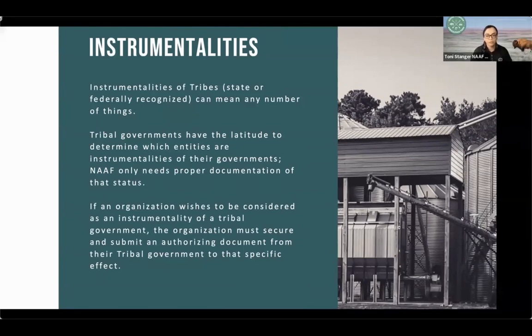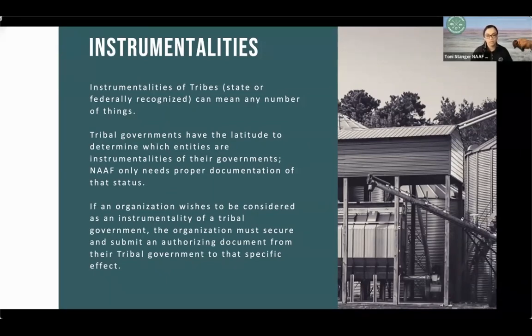If your tribal government only meets a few times a year, or if they only allow votes of that nature to come up at certain types of meetings, maybe a general session where it's open to the full tribe, let us know that and we can still allow you to apply.